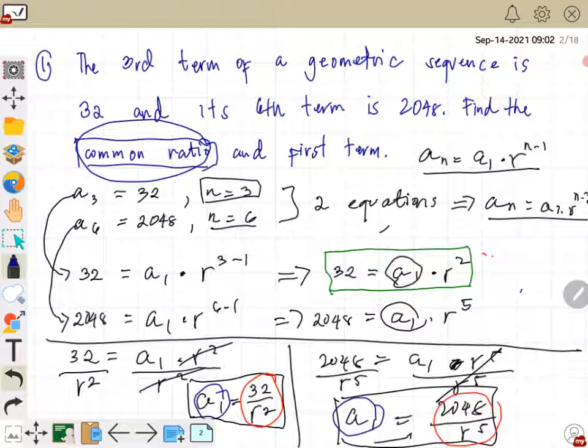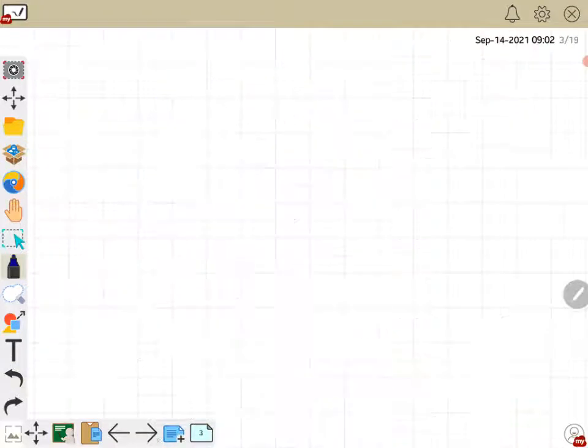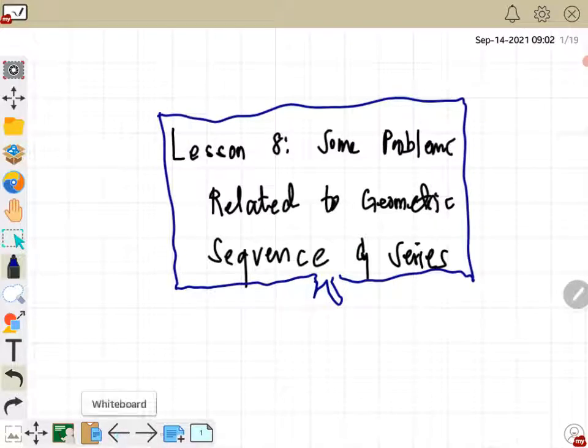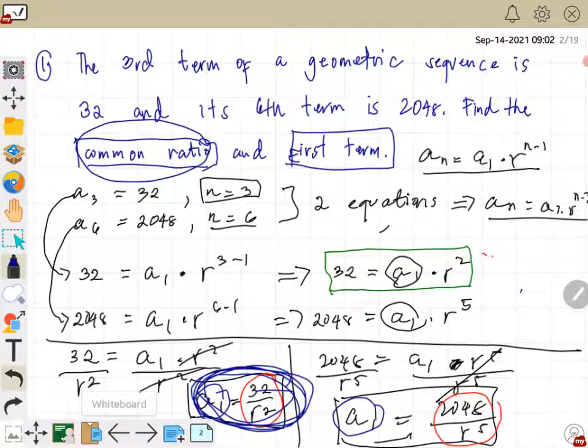Since we already have a common ratio r, we can use the simpler equation between the two to get our a sub 1, because we're looking for a sub 1, the first term. So we are done with the r, the common ratio, and r equals 4. Next we will find the first term.